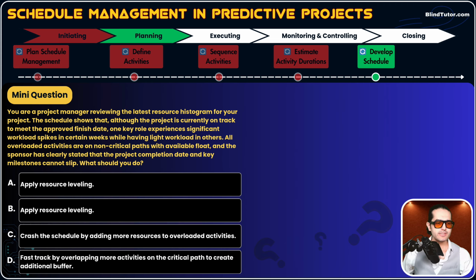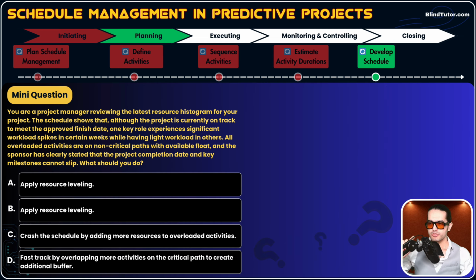Guys, what's a resource histogram? A resource histogram is a bar chart. The x-axis is time, and the y-axis could be number of resources, number of hours, anything related to resources.